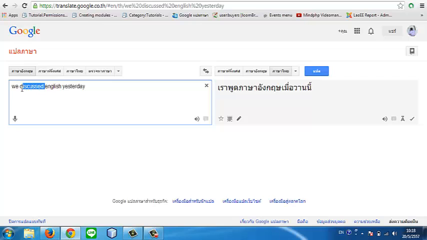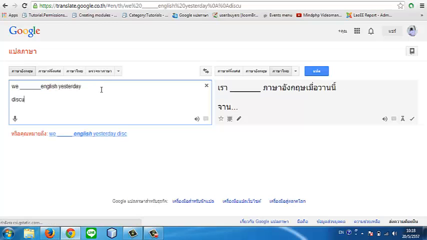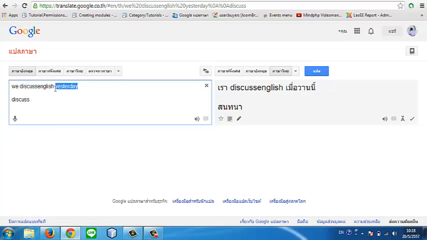Now when we make this sentence present tense, not present continuous, this is the example: we discuss English. This is present tense.